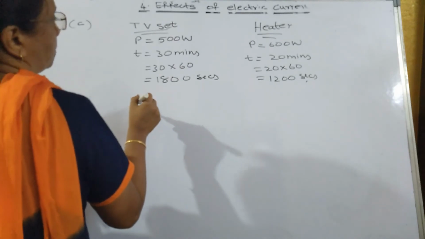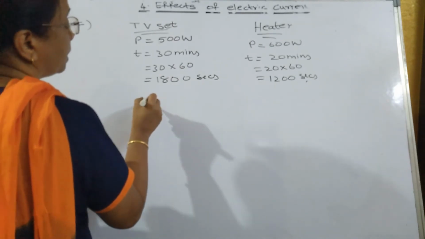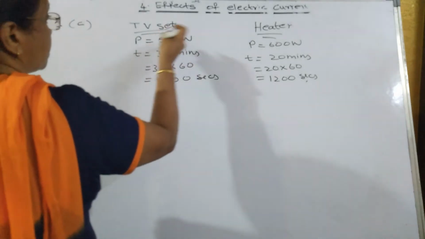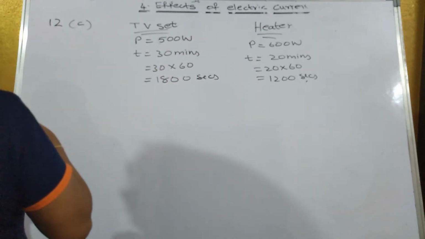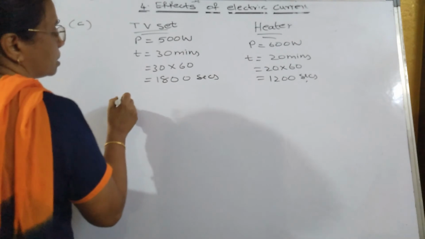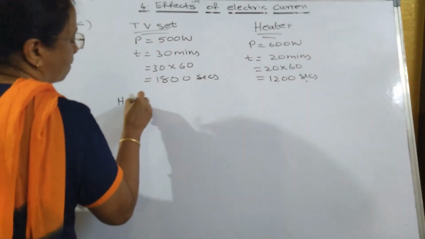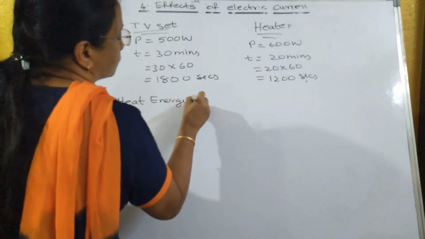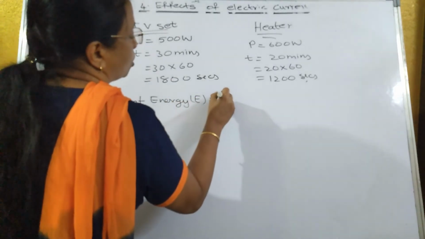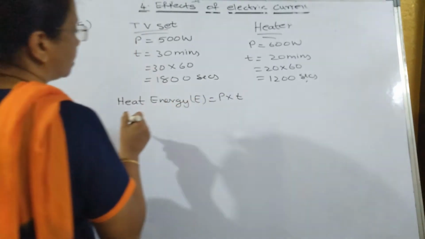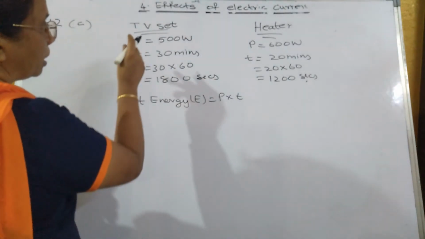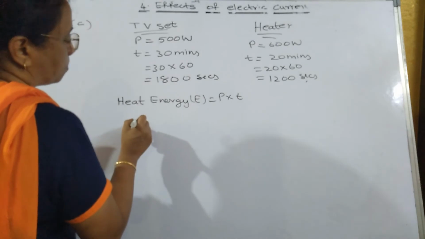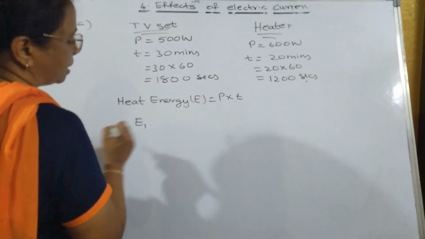Now we have to find out heat energy. Which TV set or heater will consume more heat energy. So heat energy E is equal to P into T, that is power into time. In case of TV set, let us take that as E1.